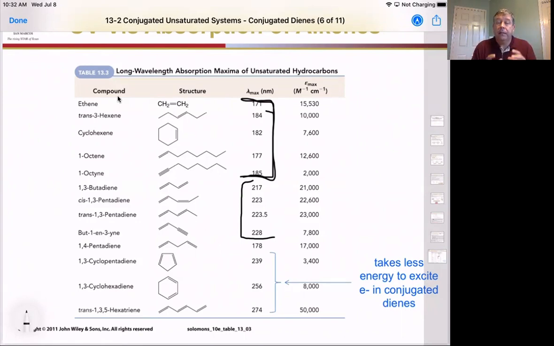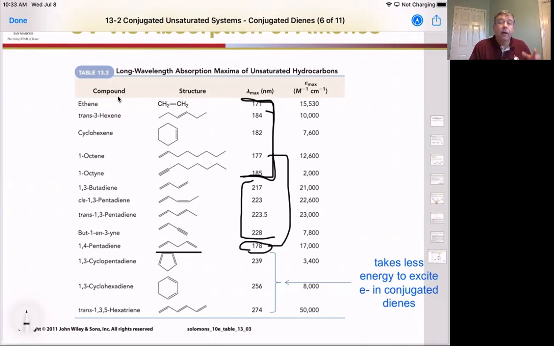So those conjugated double bonds have a lower energy of excitation. Now, if we break conjugation by adding a single sp3 hybridized carbon in there, we lose that advantage. It goes back to being the same as if it was an isolated double bond.